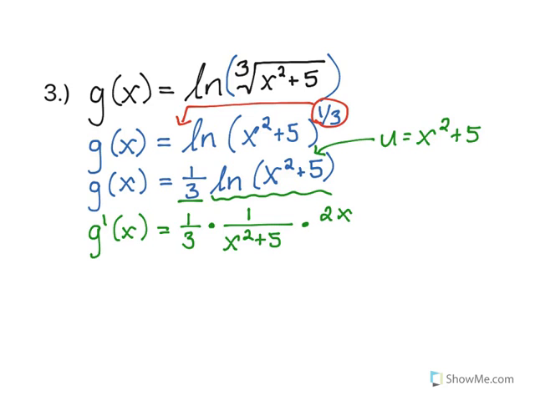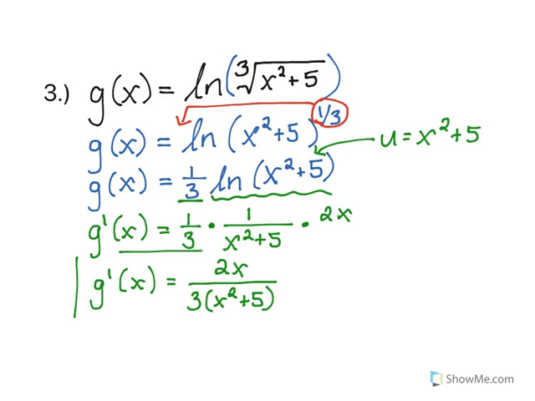And now all I want to do is merge this all into one fraction, and then we'll be all set. g prime of x is equal to the numerators: 1 times 1 times 2x is just 2x. The denominator will be 3 times x squared plus 5, which you can actually leave in this factored form. This is a completely acceptable answer.